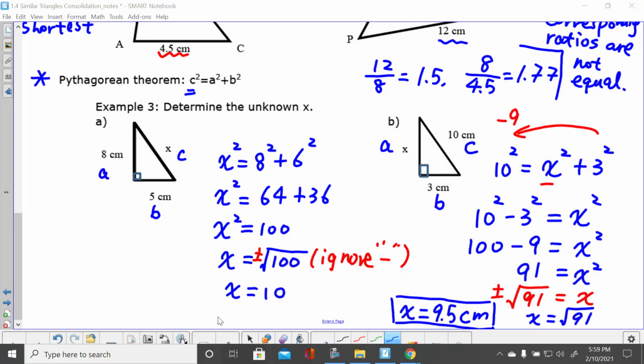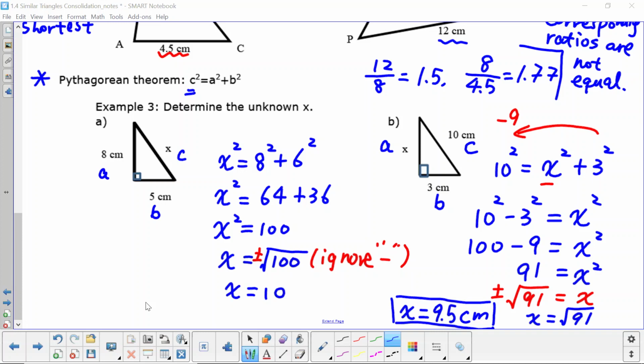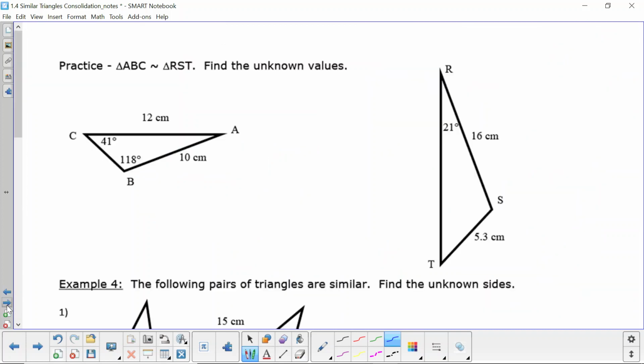Next page, we are going to do more practice on solving similar triangles. Solving similar triangles means we are going to find the unknown values. So for this one, I want you to pause the video and try it by yourself. Try to find the unknown values. It means you are going to find all the angles or sides that are not given.